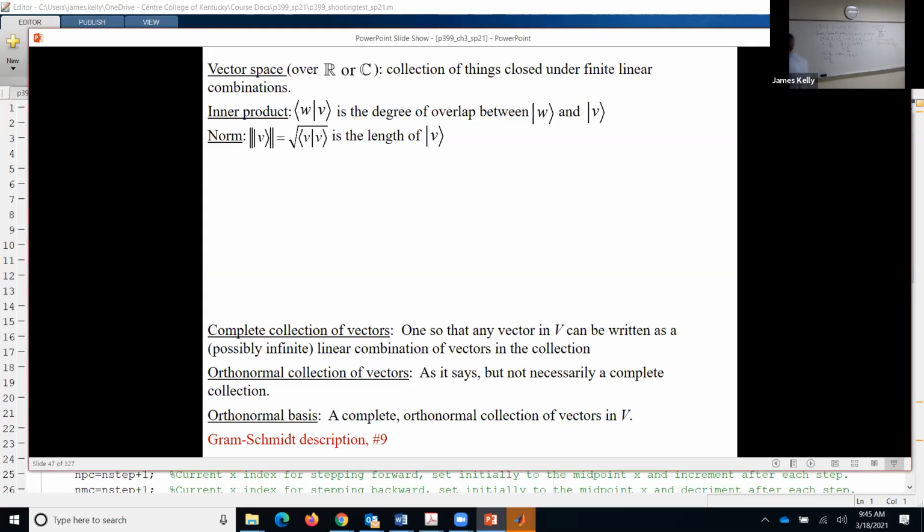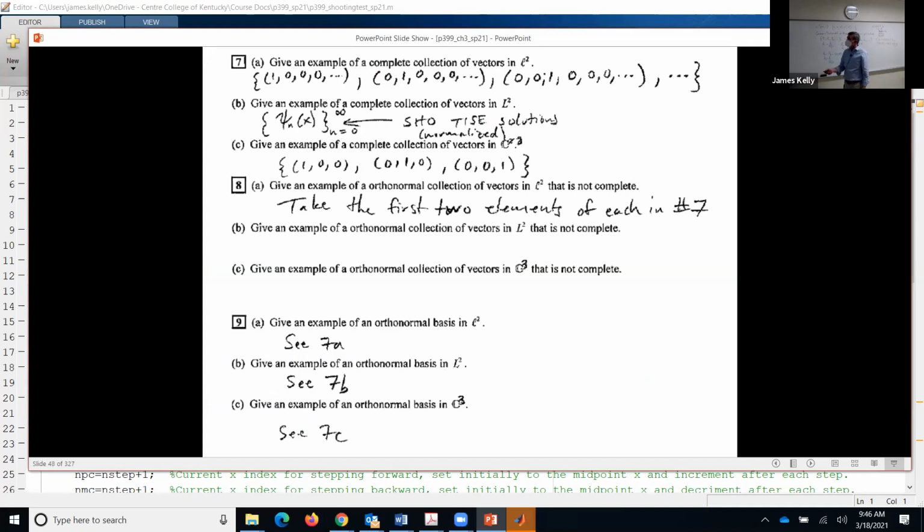Okay, and then we want to look at problem number 9 on here, the last one on this worksheet. Give an example of an orthonormal basis in little l2, capital L2 from -infinity to infinity, and C3, the same ones we've been doing. And the answer is, well, we already wrote them down. I didn't have to make an orthonormal basis up here, but I happened to use examples that had just enough elements.